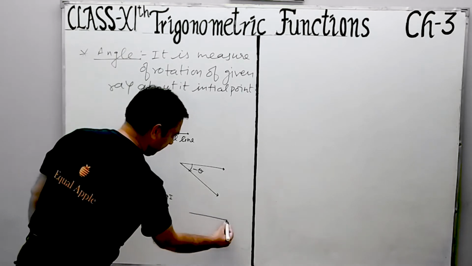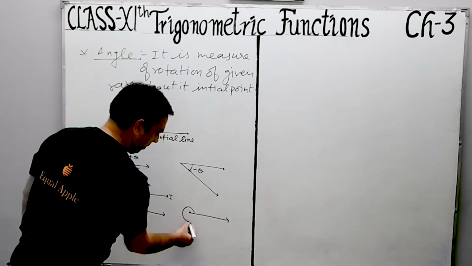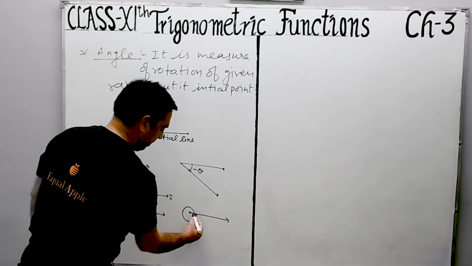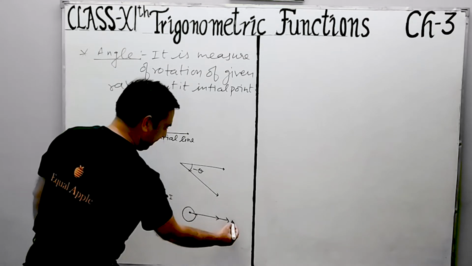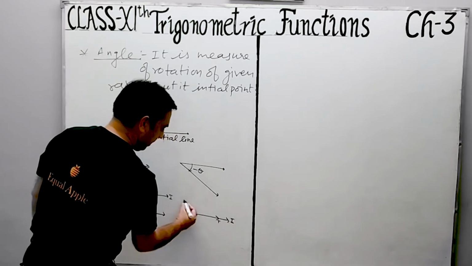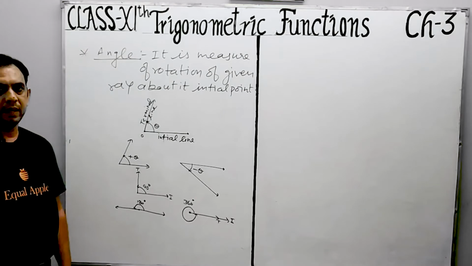If our initial line has done a complete rotation, or you can say the initial line and terminal line coincide, then we can say our angle is 360 degree, right?